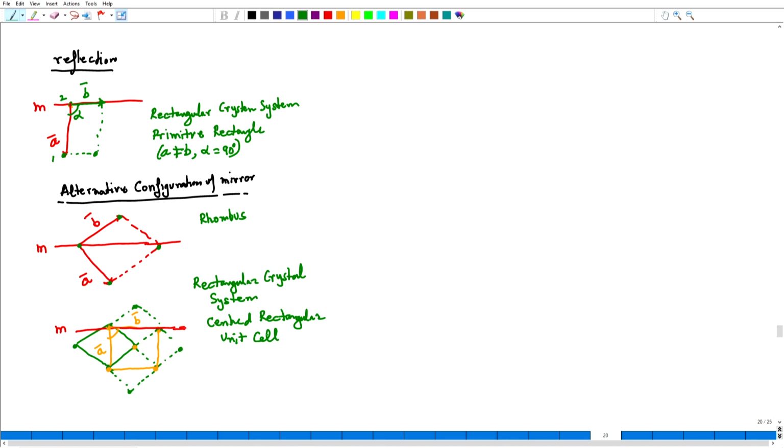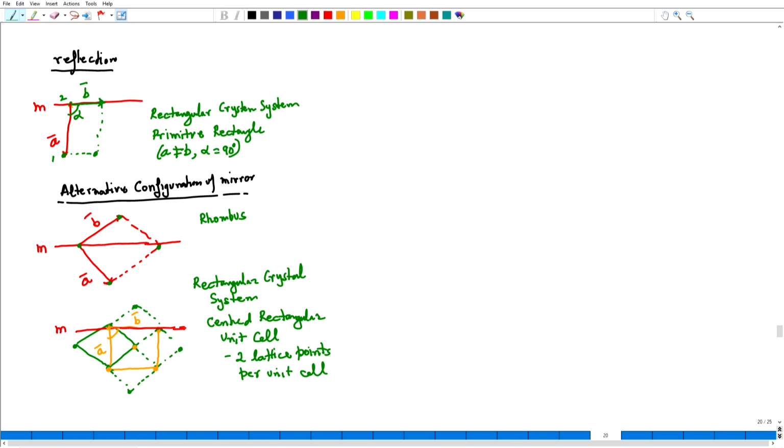If you look at this cell, there is one lattice point coming from the corners and one in the center, and therefore, this gives us two lattice points per unit cell.